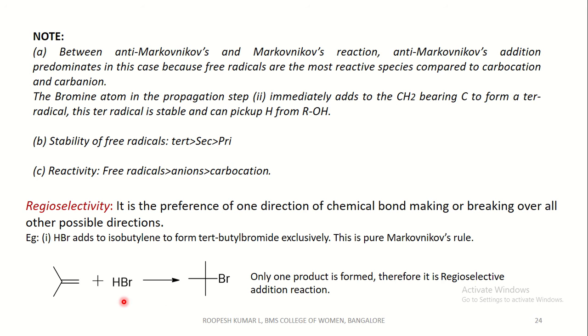That is, as I said in the statement, hydrogen adds to the carbon which has more hydrogen atoms, and bromide attaches to this carbon to form tertiary butyl bromide. Here only one product is formed, therefore it is a regioselective addition reaction.